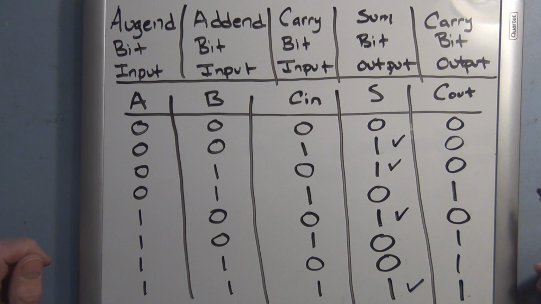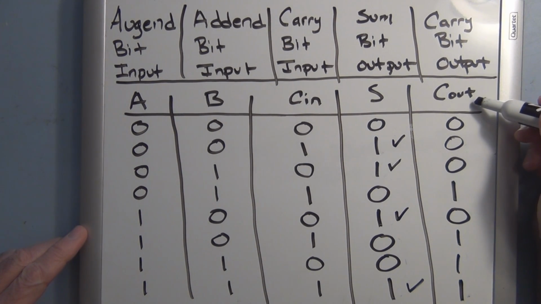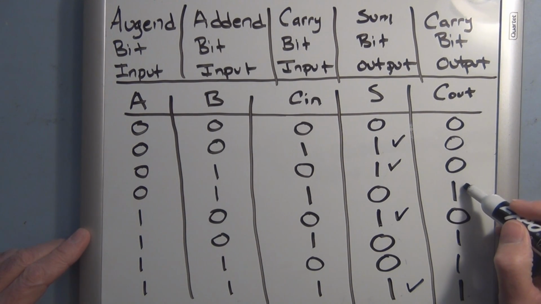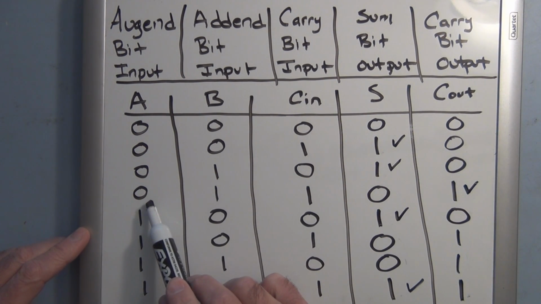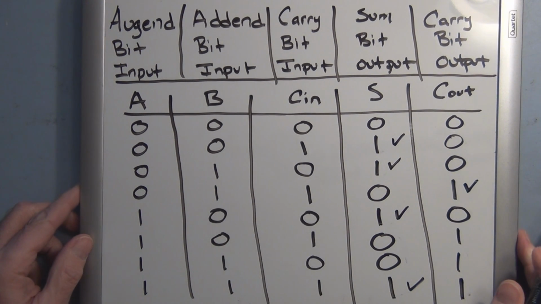Now we need to produce the Boolean expression from the truth table for the carry out. So here's where the carry out is equal to 1.